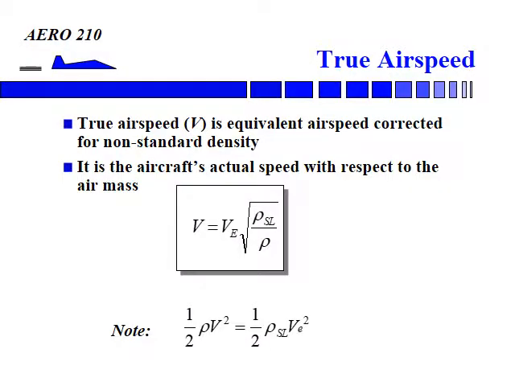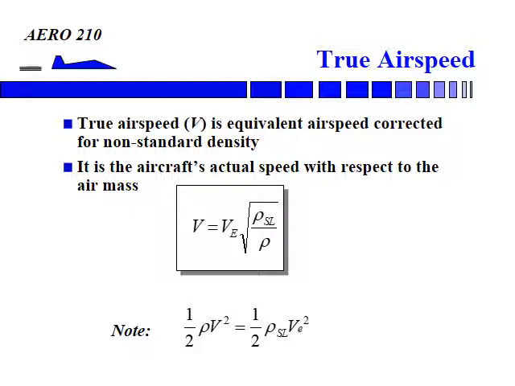It's worth noting that equivalent airspeed is that airspeed that would give us the same dynamic pressure at sea level that we are actually measuring with our airspeed indicating system. And that's why it's called equivalent airspeed, because it's the airspeed that would give an equal value of dynamic pressure at sea level.